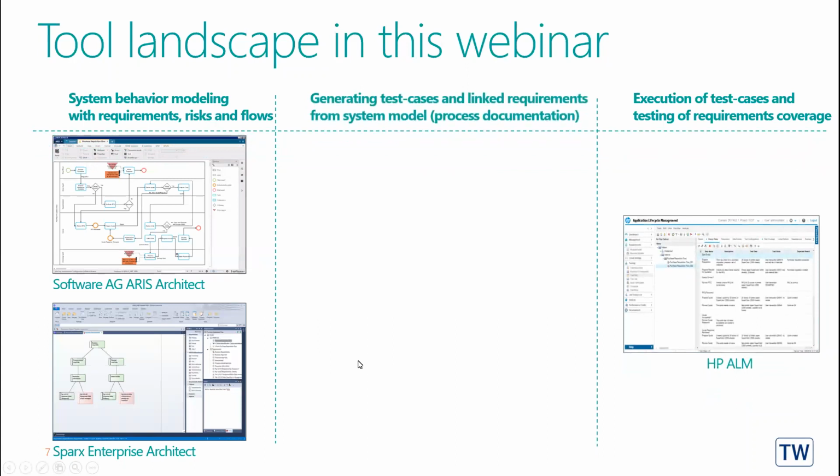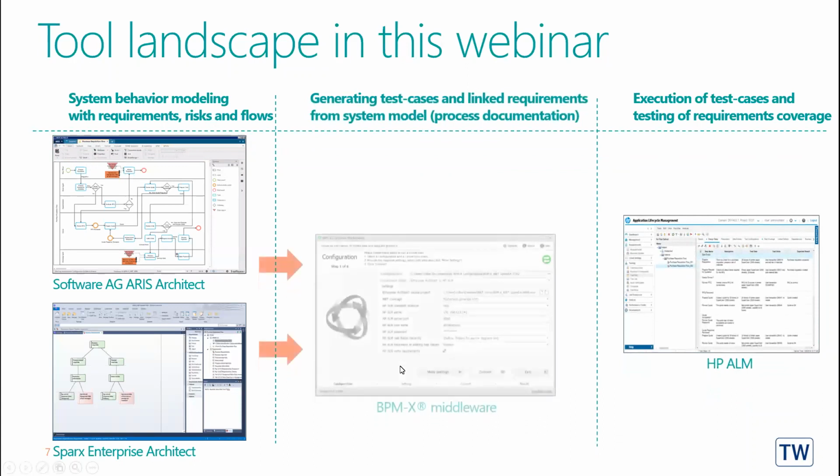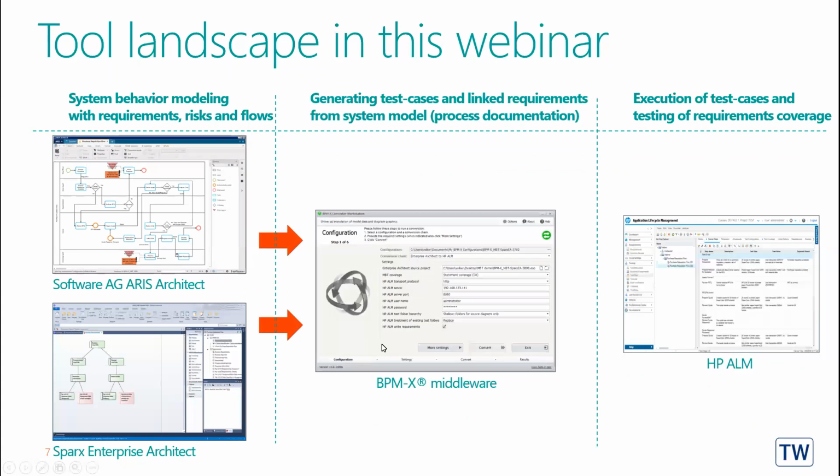The linkage between both sides, from the requirement side, having the desire of a system, and the execution side of the test cases, is done by the BPM-X middleware. The BPM-X middleware uses web service to link and upload directly into the testing system. So there's no need to create Excel sheets to manually upload and link. It's done automatically.